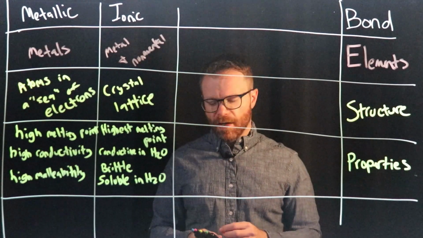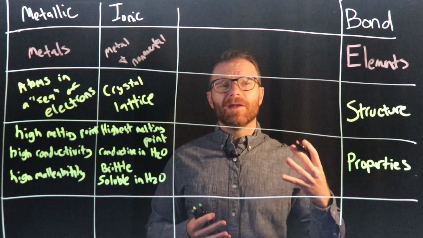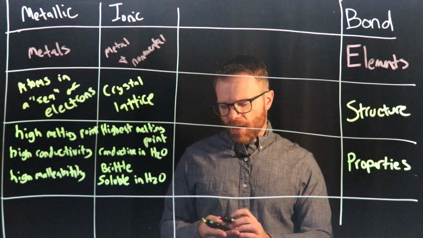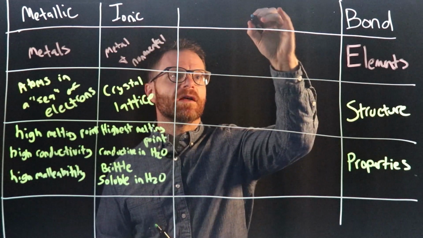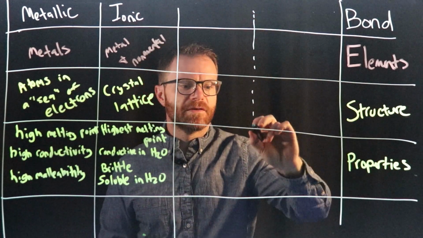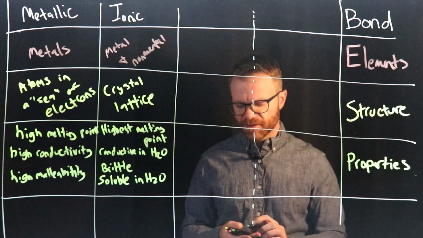Okay, finally, the most recent one we learned about is if we have two or more nonmetals, that would be a covalent bond. But we are going to break that apart into our two types of covalent bonds we just learned about.